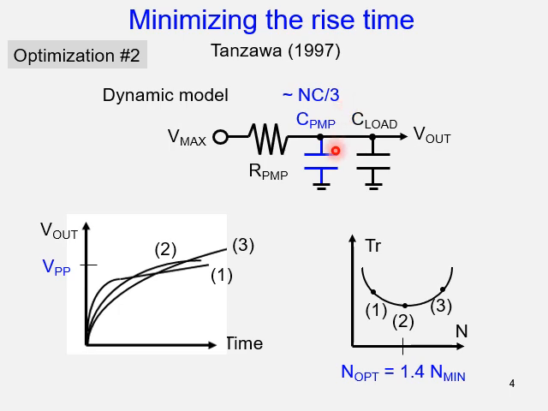So you just add 1/3 of the total capacitance of a charge pump, connected in parallel with the load capacitance like this. So regardless of C load, you must select the number of stages given by this equation to minimize the rise time.